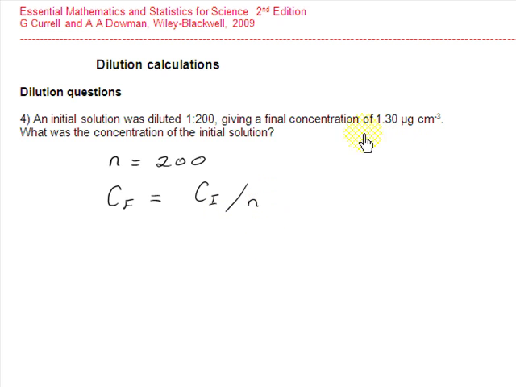And then if we look at what data we have for this equation, we're told the final concentration. So the final concentration is 1.30 micrograms per centimeter cubed. The initial concentration we have to calculate, so that is C, divided by the dilution ratio of 200.